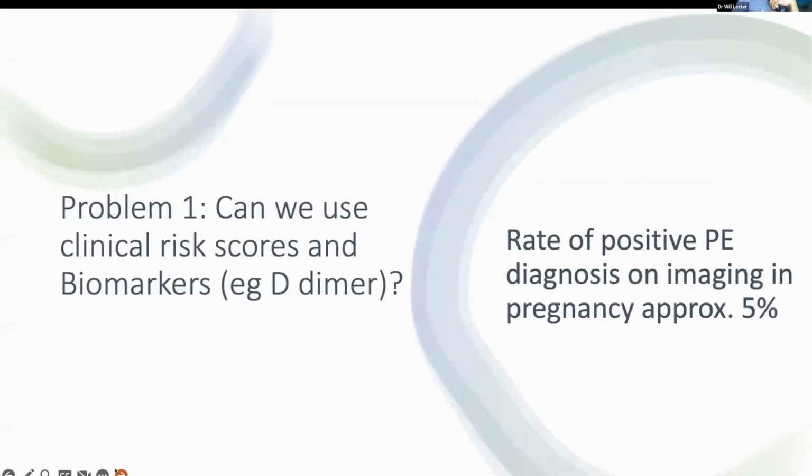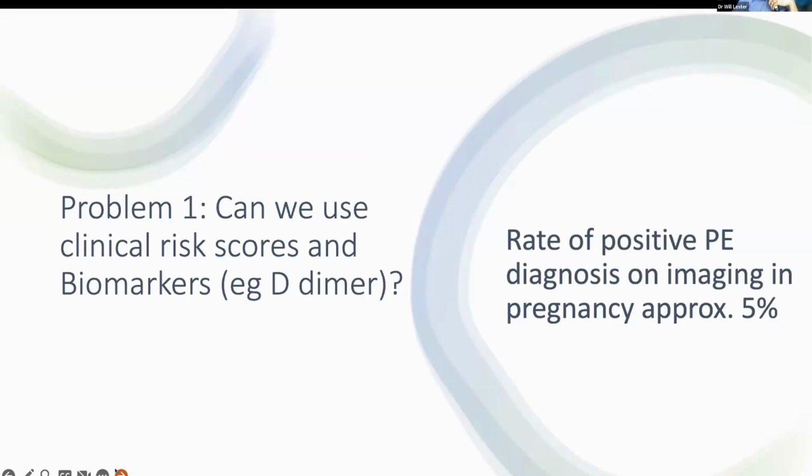Next slide. So this is the first problem we have. Can we use clinical risk scores and biomarkers like the D-dimer? And just bear in mind that we are terrible at spotting PEs in pregnancy. For every 100 people that we put through a diagnostic pathway, we're lucky if we diagnose 5% of them, 1 in 20.